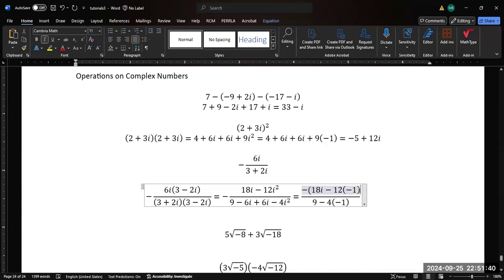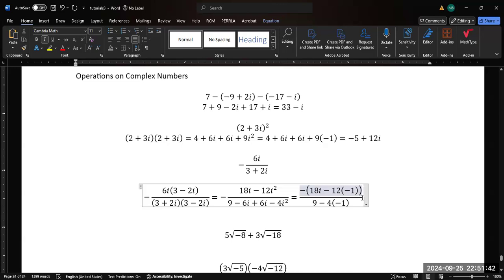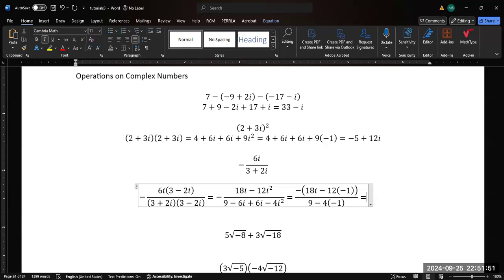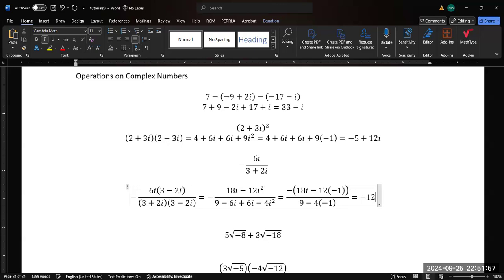Parentheses did not quite do what I wanted them to do in the numerator. That's better. And so now if we simplify our numerator, we've got negative 12 times negative 1, which is going to be positive 12, but it's being multiplied by a negative 1 on the outside. So it's going to be negative 12.